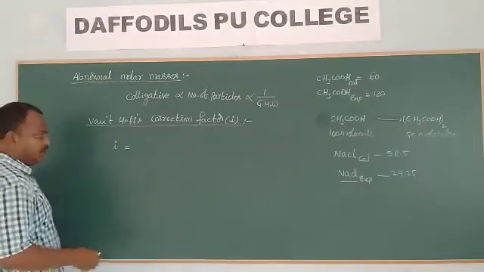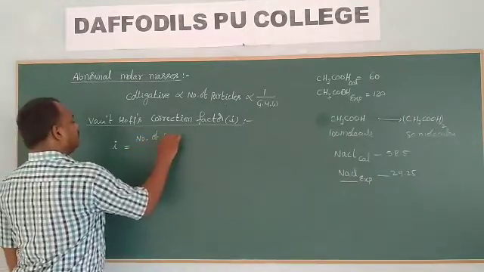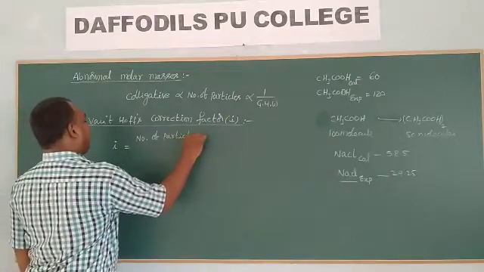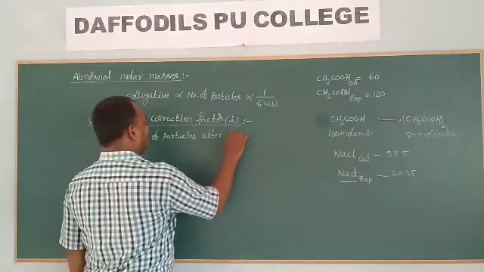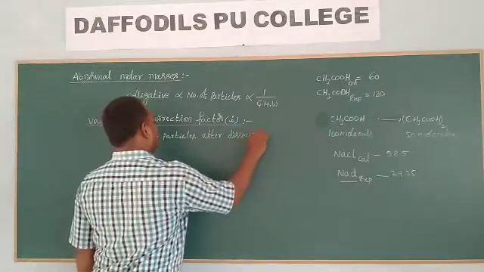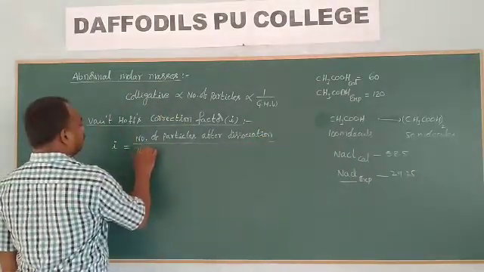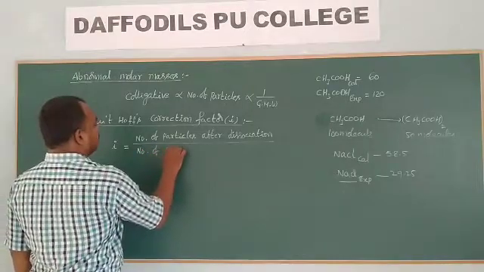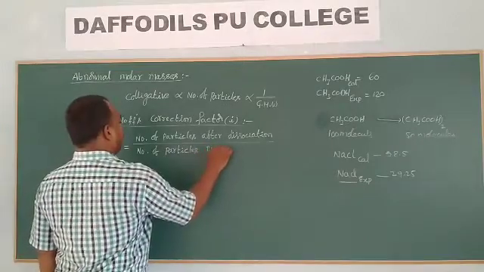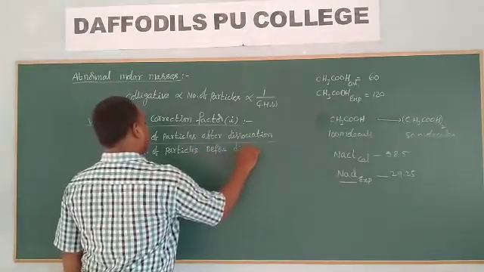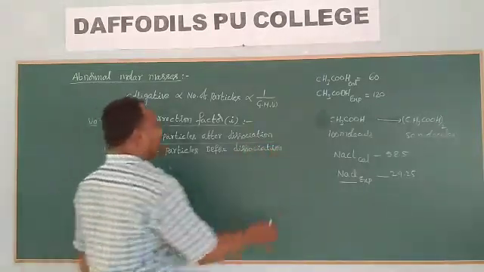Van't Hoff's correction factor is equal to the number of particles after dissociation by the number of particles before dissociation, or association.